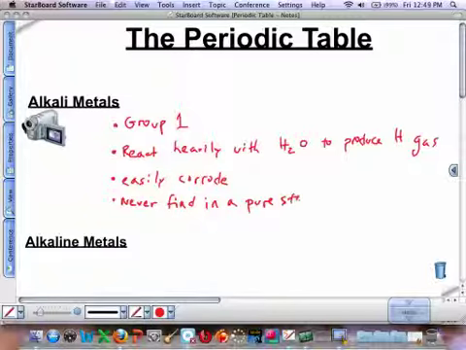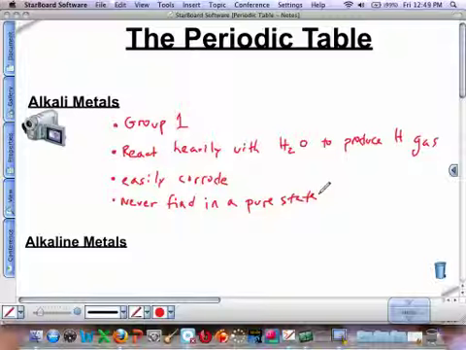Now, remember yesterday we talked about sodium, the fact that sodium was really soft, you could cut through it with a butter knife, and the fact that it readily explodes in water. It'd be kind of neat to see, but here's the problem. Just like what Cole just told us, you're never going to find it in a pure state. So what they have to do to get sodium is find something else that has lots of sodium in it, and find a way to extract that and get pure sodium.